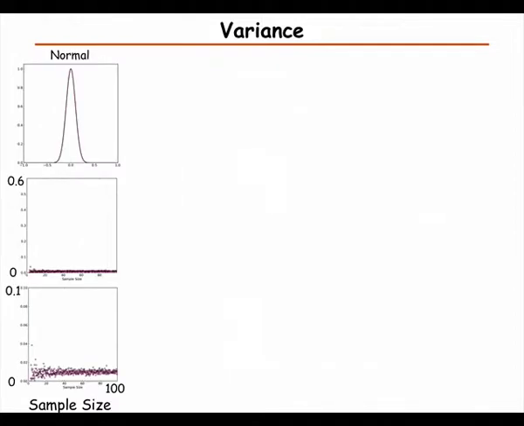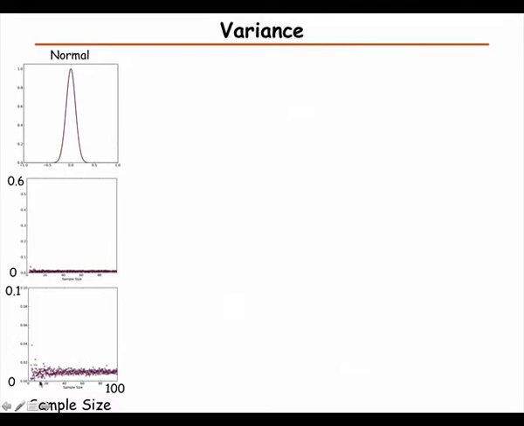So now, again, looking at the variance of the different distributions. Just to remind you, on the x-axis in these two graphs, we have sample size, in this case starting at 3 and going up to 100, and showing what the variance is.